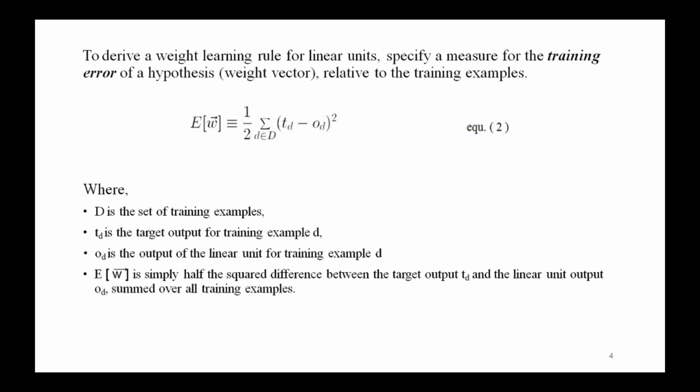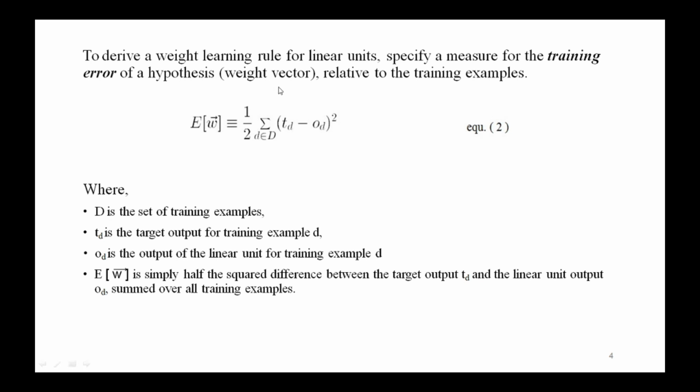In order to derive a weight training rule for linear units, let us begin by specifying a measure for the training error of a hypothesis, that is, of the weight vector.